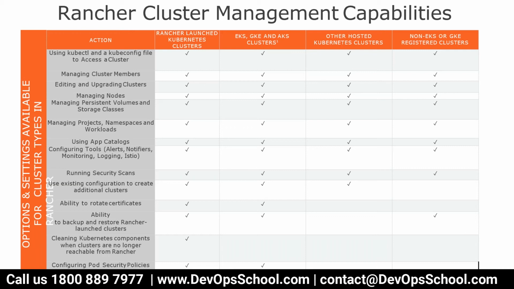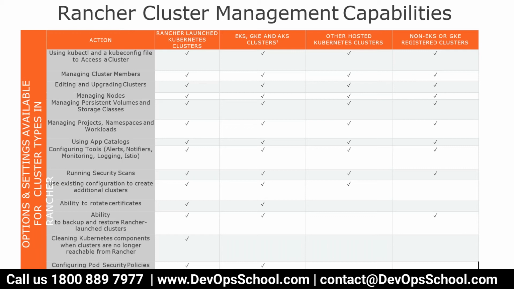You can manage the project namespace and workload, which we have done in the last class, that you can do. App catalog, configuring tools, alert notifiers, monitoring and stuff like that, observability and all, you can do that. Security scans, yes, it's possible in Rancher. Using existing configurations to create additional clusters is possible with Rancher. But if you see non-EKS or GKE registered clusters, that's not possible.